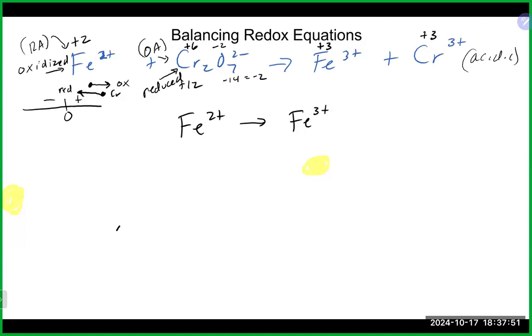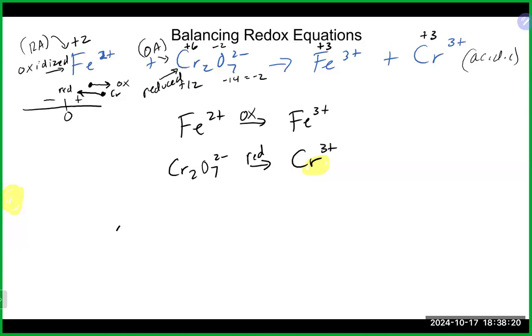I have a chromium on the left in Cr2O72-, and on the right, I have a chromium with a +3 charge, right? So those are my two half reactions. Because I already identified what's going on here, I know my iron half reaction is the oxidation half reaction, and my chromium half reaction is the reduction half reaction in this case.